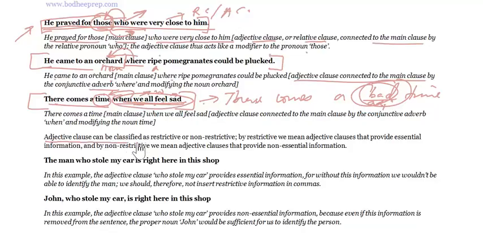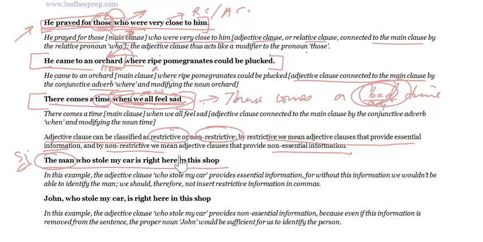Adjective clauses can be classified as restrictive or non-restrictive, right? By restrictive, we mean adjective clauses that provide essential information. And by non-restrictive, we mean adjective clauses that provide non-essential information. So please understand this. The man who stole my car is here in the shop. The man is the subject S1, and is right here in the shop is V1.